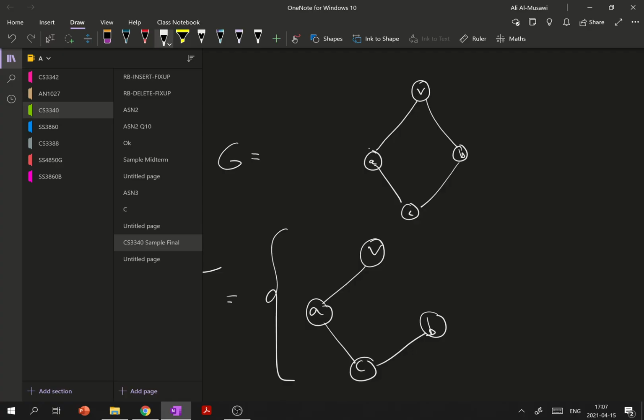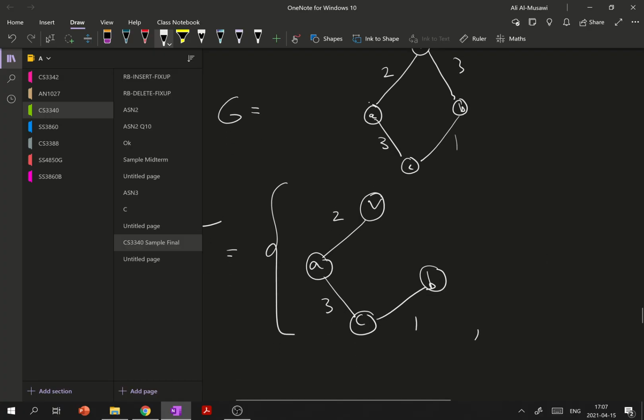Let me also give the edges weights. Since all weights are non-negative, this is fine. I'll make this one 3 and this one 1, so 2, 3, 1. This is one of them.